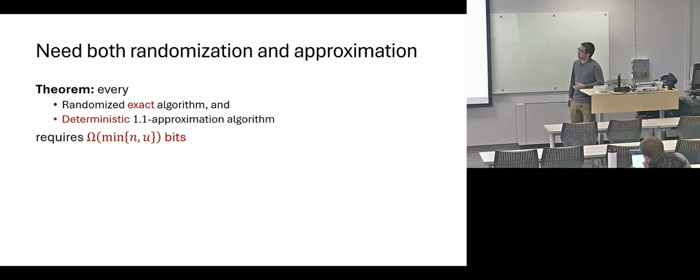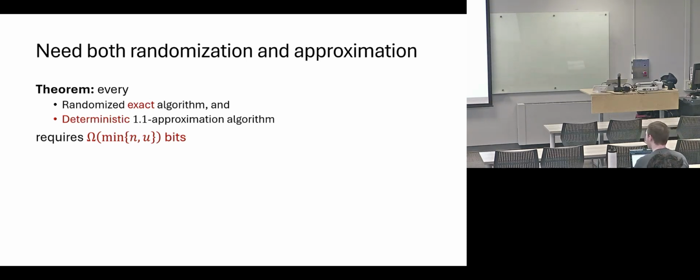Now it turns out that we need to sacrifice something. There is a theorem that maybe in the next homework we will guide you to prove. It turns out that any exact algorithm, even if randomized, needs to take linear space.